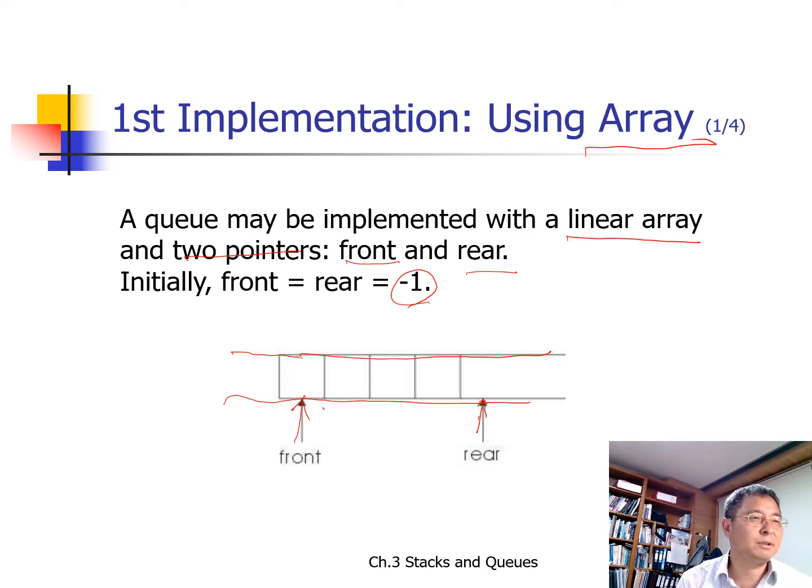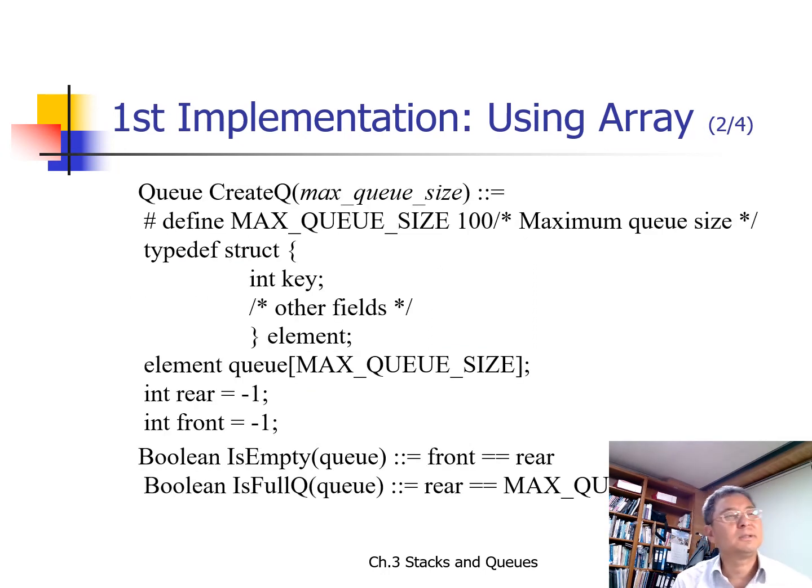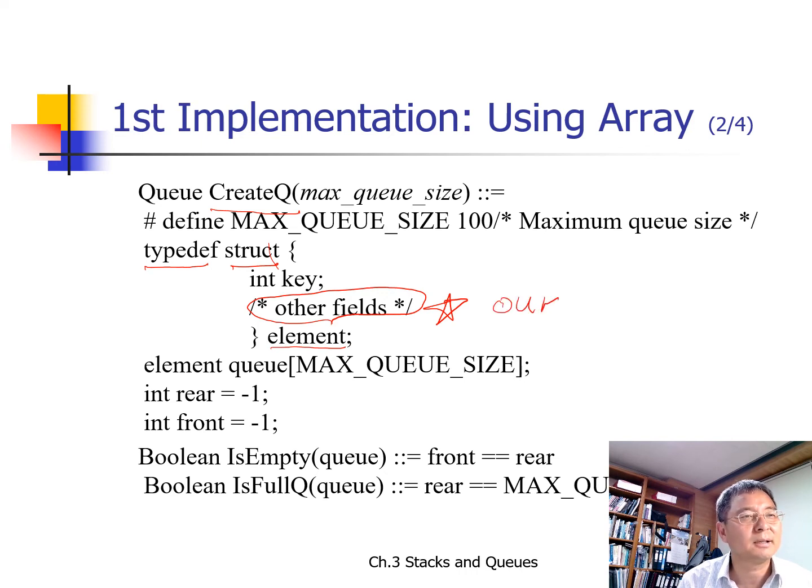Okay, how can you implement it? To implement the array, we also use the struct keyword, element. It's the same as a stack. Our data will be defined in these comment lines, and the other fields will include our data.